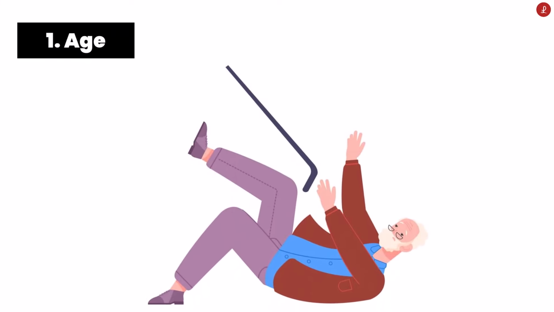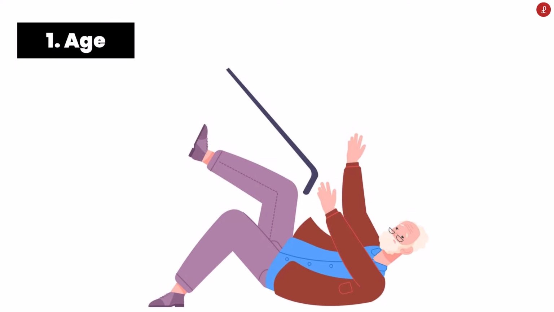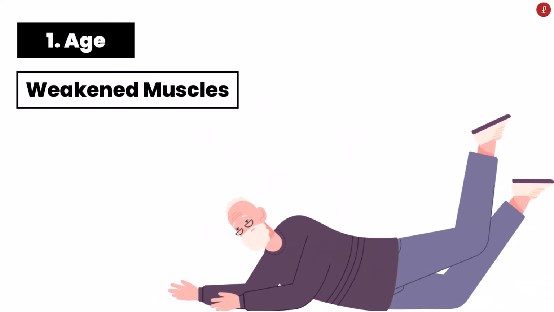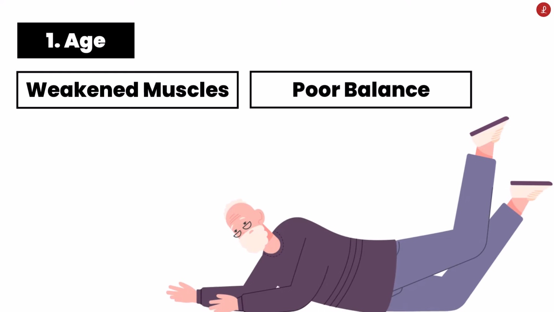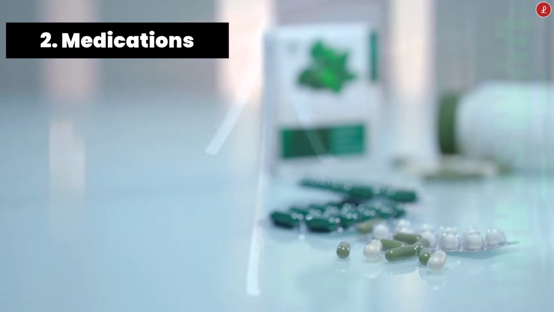Some of the common risk factors I'll be talking about include age. Older adults are more prone to falls due to weakened muscles, poor balance, and slower reflexes in old age patients.